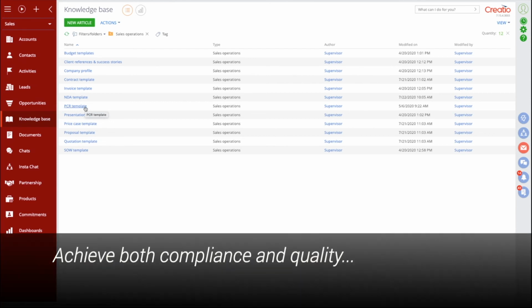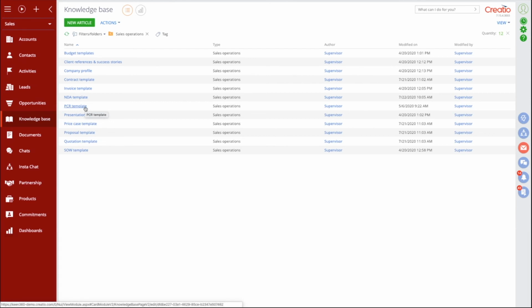This facilitates efficiency, of course. It also facilitates quality in the responses that we submit, and it also promotes adherence with compliance policies and rules within the organization or incumbent upon the organization.